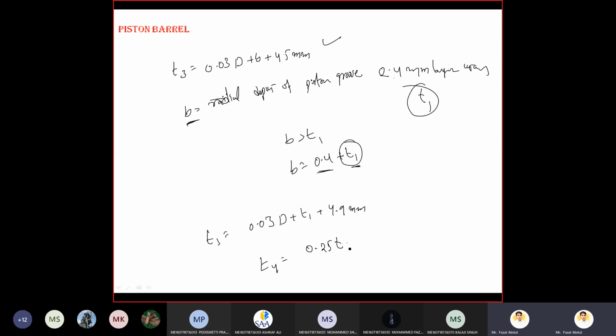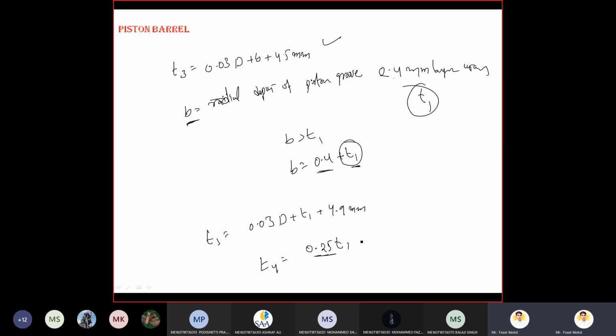T3 is the maximum thickness of the piston barrel, and the piston wall thickness is 0.25 into T1.